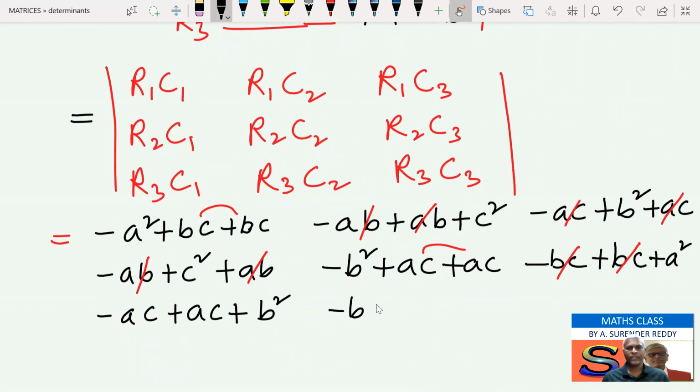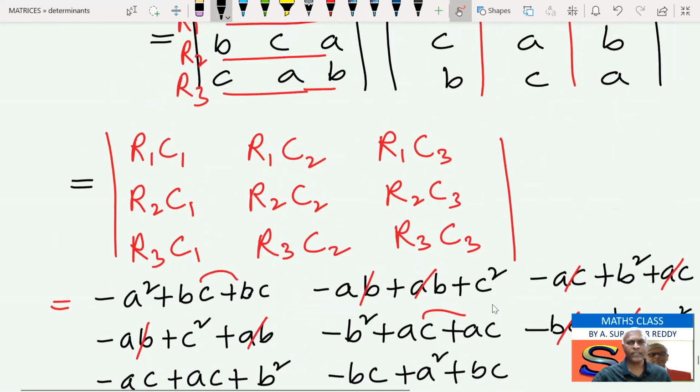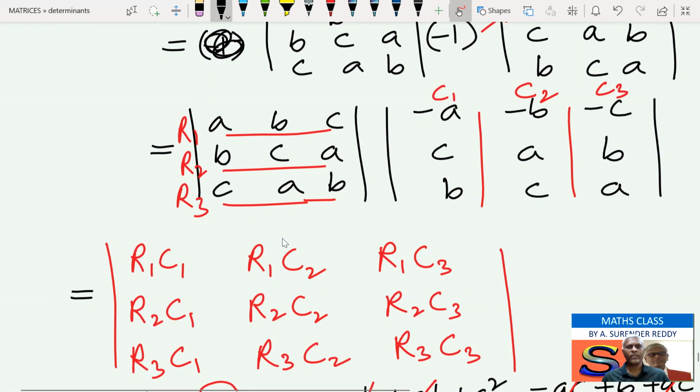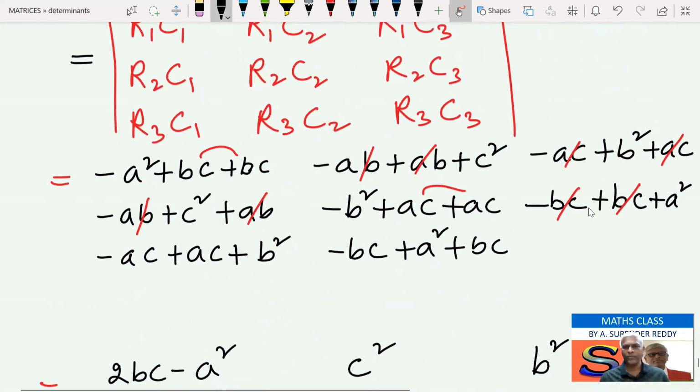Minus BC plus A square plus BC. Next R3 C3: C into minus C square, AB, plus AB plus AB.